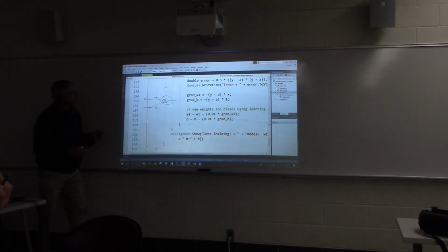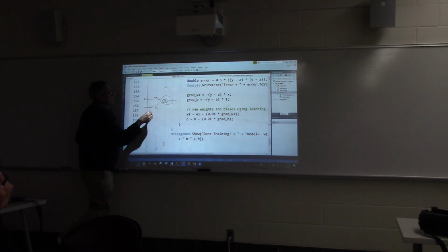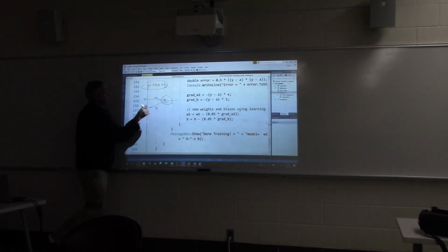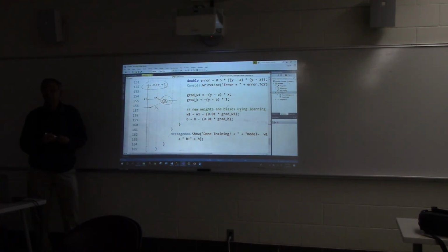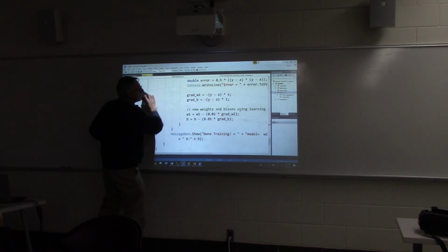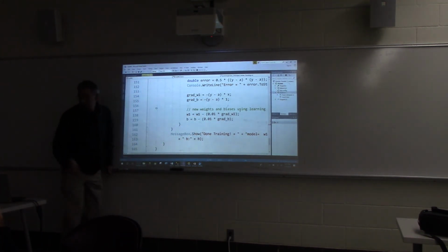So after it has learned the equation 0.3x plus 2, what will it find W1 to be, B to be? 0.3 and 2, exactly.